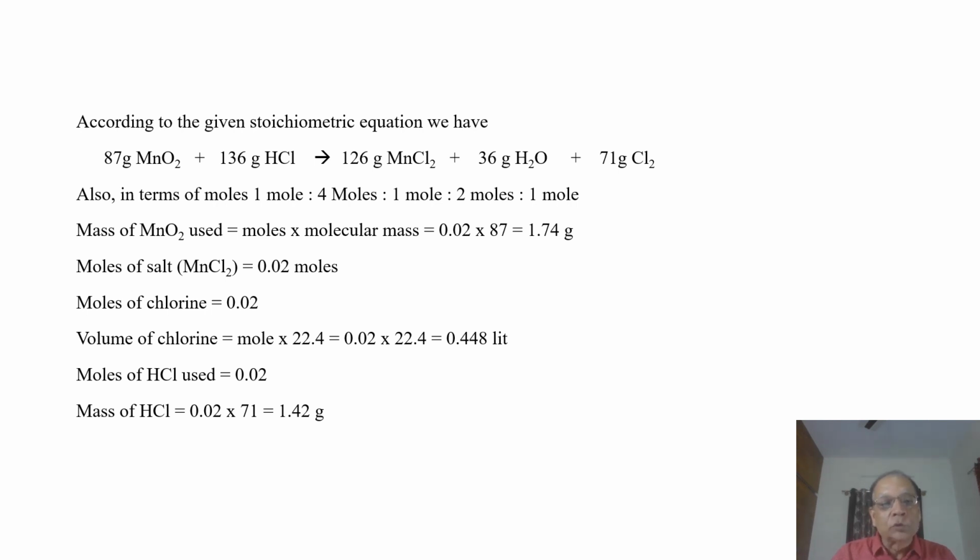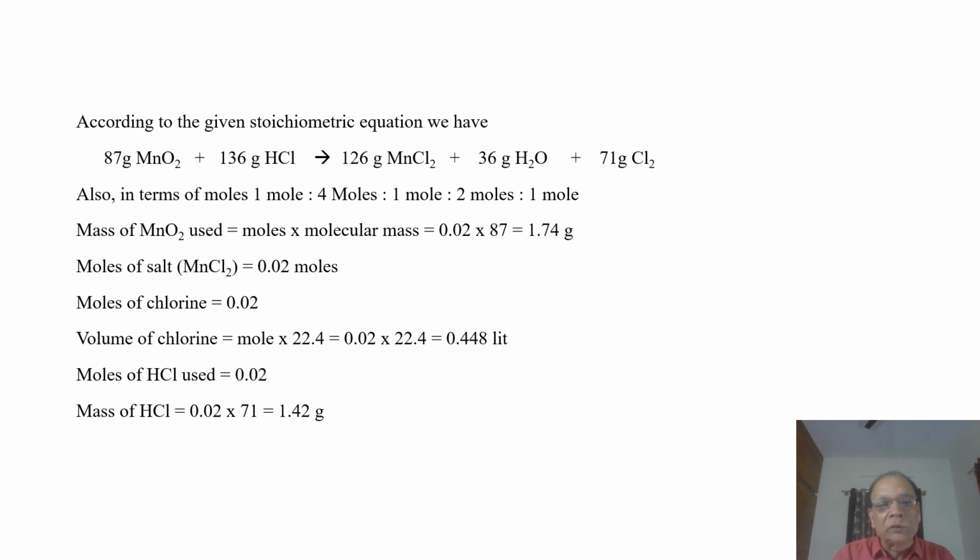Therefore, mass of MnO2 used equals moles into molecular mass, which is 0.02 into 87, which is 1.74 grams. Moles of salt MnCl2: if we go to the equation, the relation between MnO2 and MnCl2 formed is 1:1.